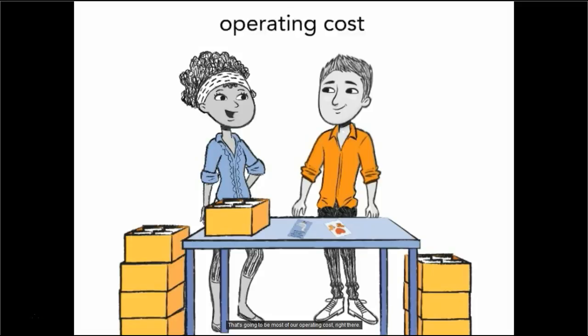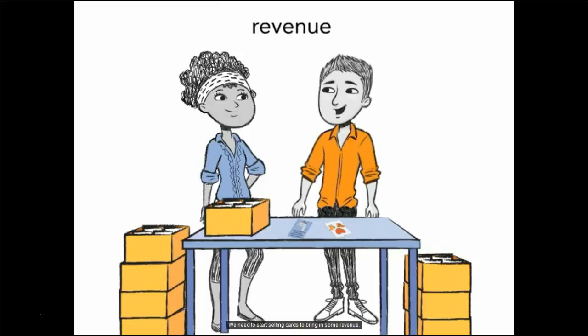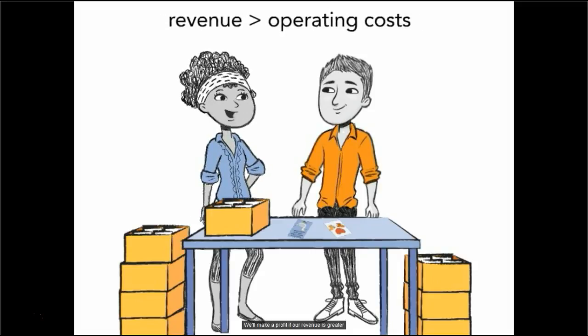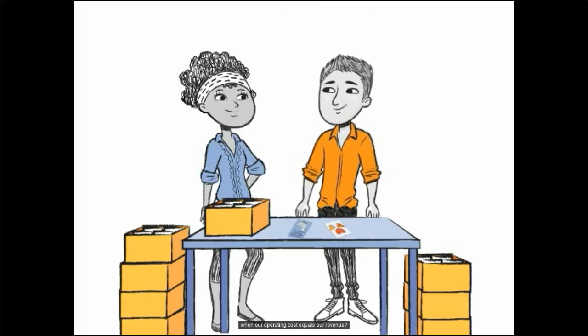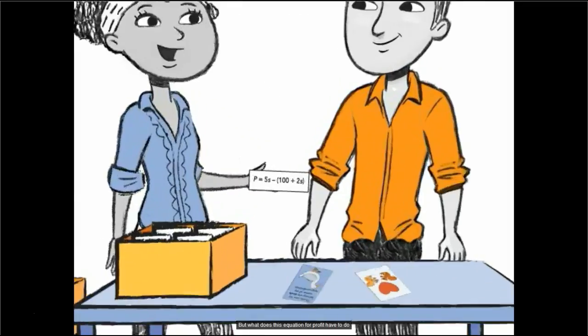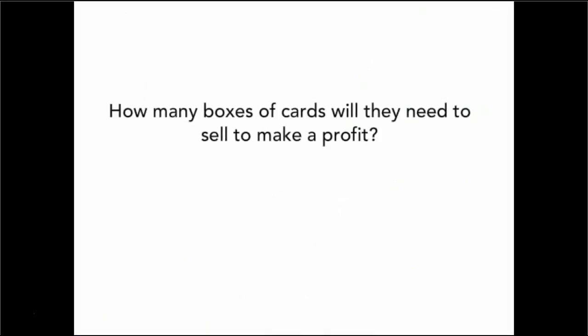That's going to be most of our operating cost right there. We need to start selling cards to bring in some revenue. I wonder if we'll make a profit from this sale. We'll make a profit if our revenue is greater than our operating costs. So, we just need to find when our operating cost equals our revenue. Right, that's the break-even point. But what does this equation for profit have to do with operating cost and revenue? How many boxes of cards will they need to sell to make a profit?